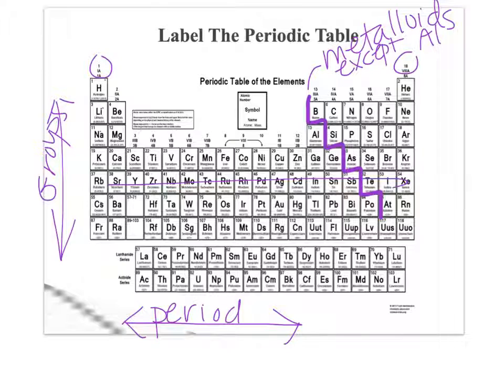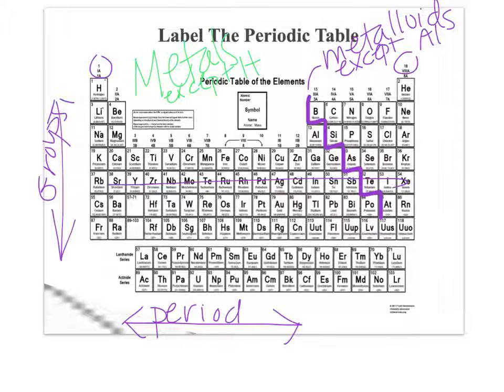Now, the metals are all the way on the left side. Everything to the left of that zigzag line is a metal, except hydrogen. Hydrogen is actually a gas, so we're going to just say except hydrogen.